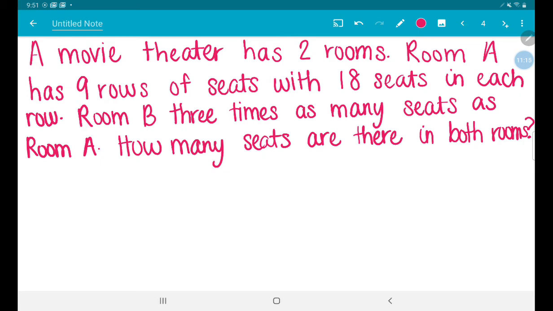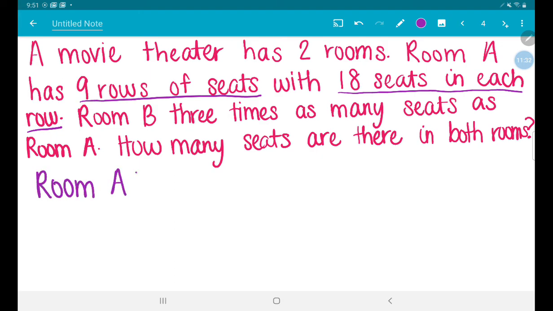So to find how many seats are in room A, what are we going to need to do? It says room A has 9 rows of seats with 18 seats in each row. So to find room A, I'm going to need to do 18 times 9.